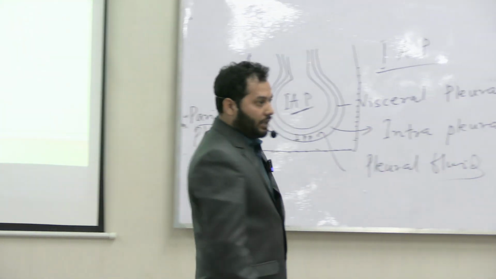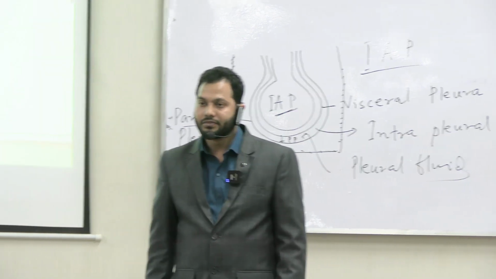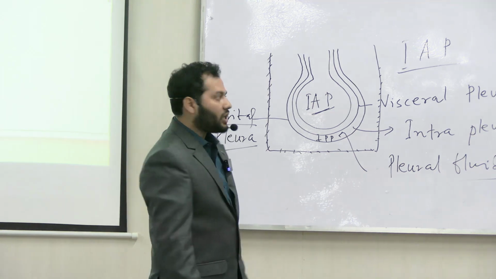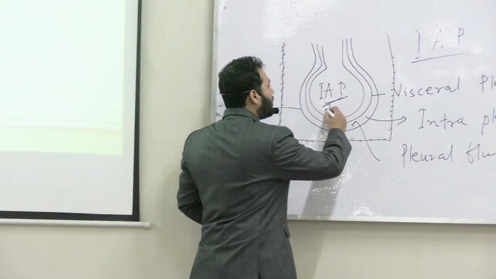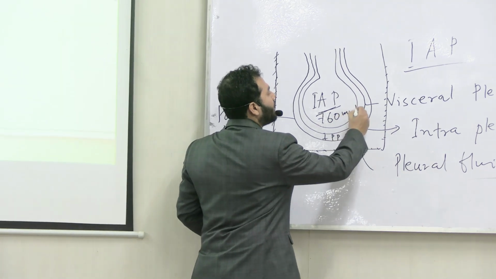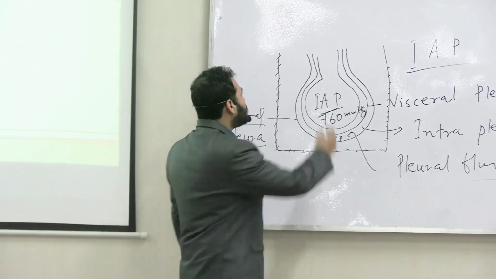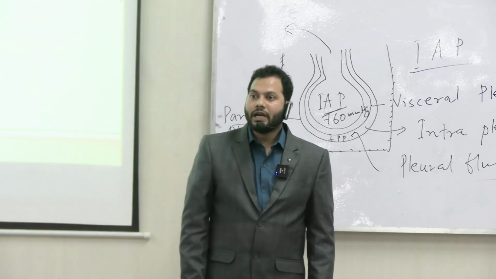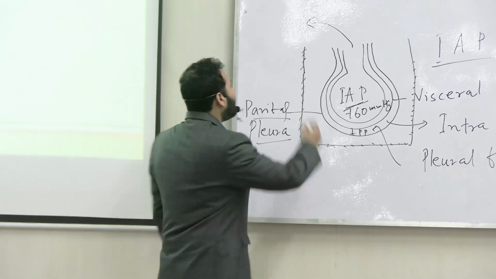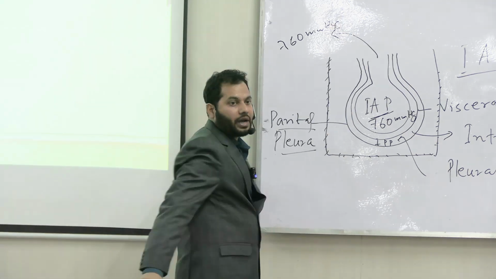At the initial point of time, the resting state, the pressure inside the lung alveoli is 760 millimeter mercury. Outside the lung alveoli, the atmospheric pressure is also 760 millimeter mercury, right?